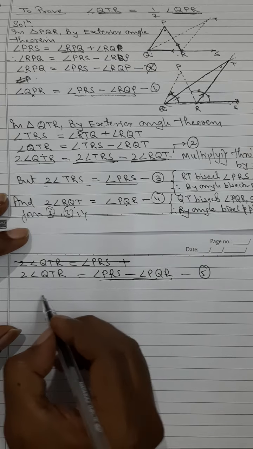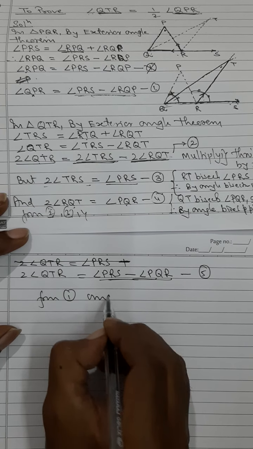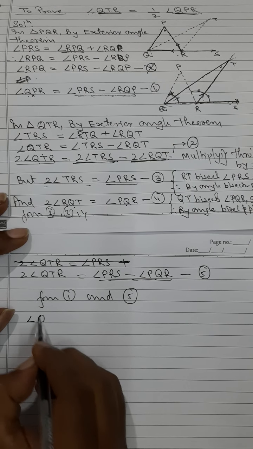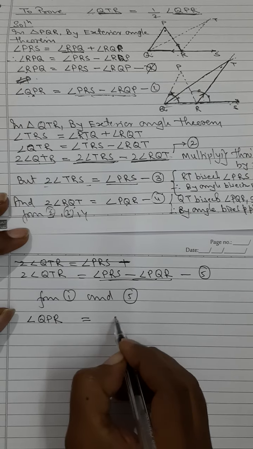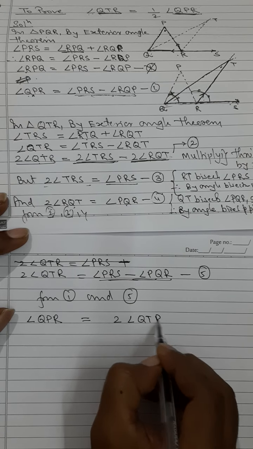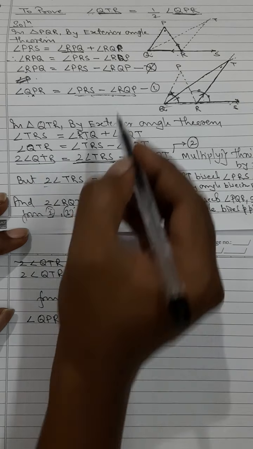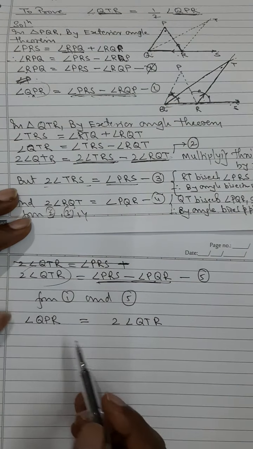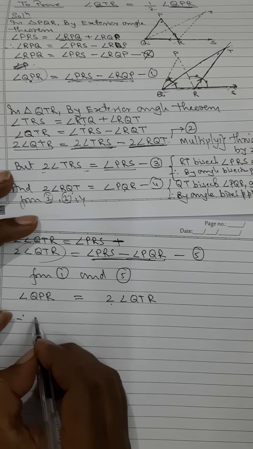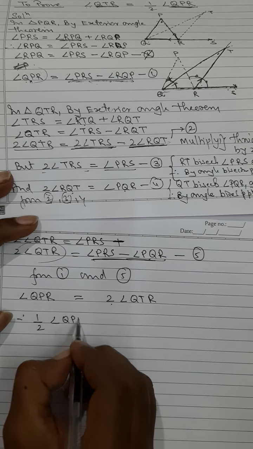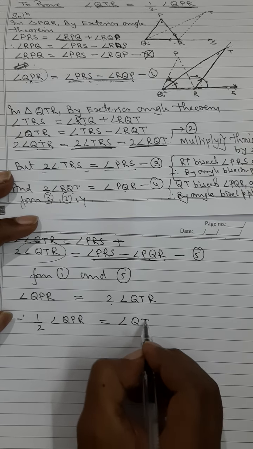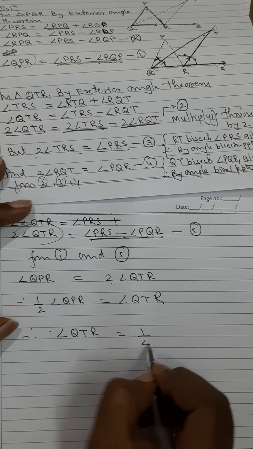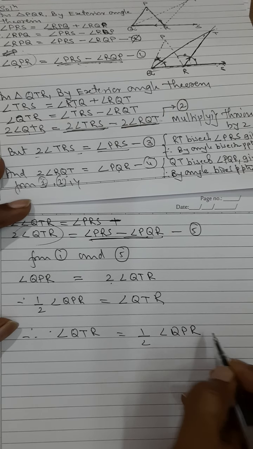From 1 and 5, both are the same, so angle QPR is equal to 2 angle QTR. Now I just shift 2 over here. Therefore, half of angle QPR is equal to angle QTR. That's what they have asked us to prove.